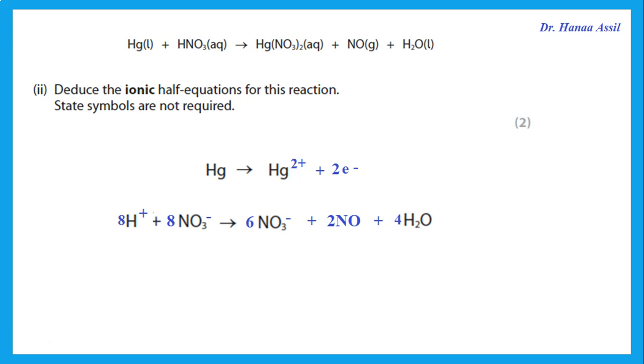We can divide all through by 2. So this would be the second ionic equation. But notice that we have nitrates on both sides. We have 4 nitrates before, 3 nitrates after. So we cancel them and we're left with 1 nitrate, and we'll need 3 electrons to balance the charges. So this is the final ionic half equation.